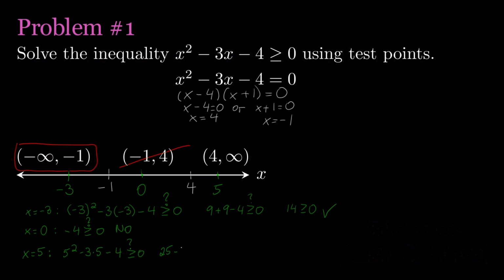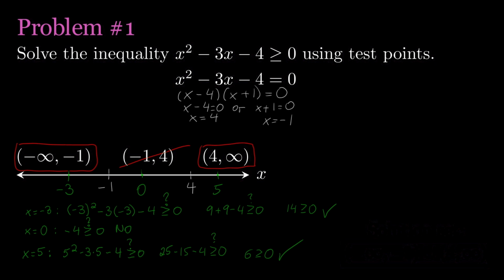Then minus 4. 25 minus 15 is 10. 10 minus 4 is 6. And 6, of course, is indeed greater than or equal to 0. So another check mark. And the whole interval from which this test point came, that means 4 to infinity, is a part of our solution set.